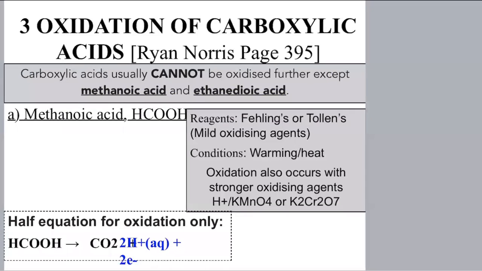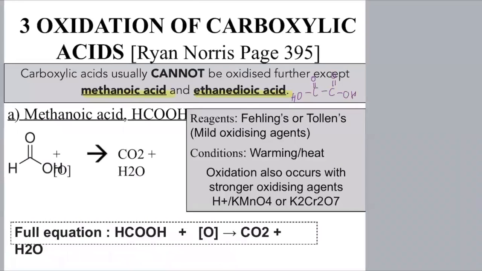But only for aldehyde. Ketones will not react with Fehling's and Tollens. So what do you have to do? You just have to warm it or heat it. And then there will be some observation that you would observe, which I will talk about later on. So what happens during this oxidation process?